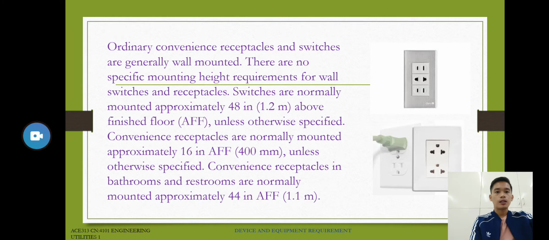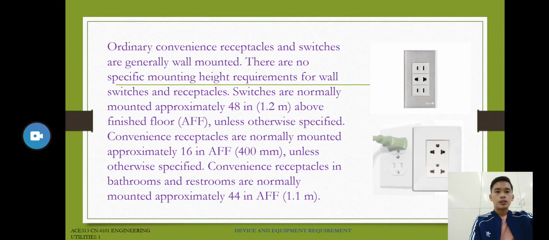Convenience receptacles are normally mounted approximately 16 inches or 400 mm, unless otherwise specified. Convenience receptacles in bathrooms and restrooms are normally mounted approximately 44 inches or 1.1 meters.